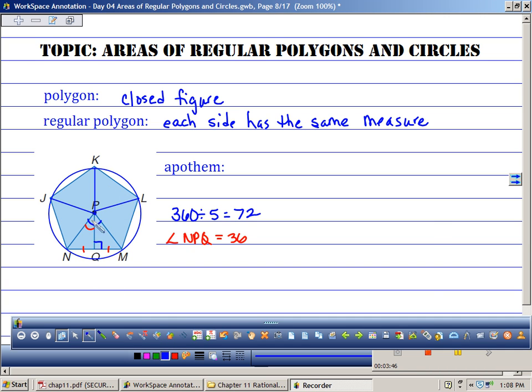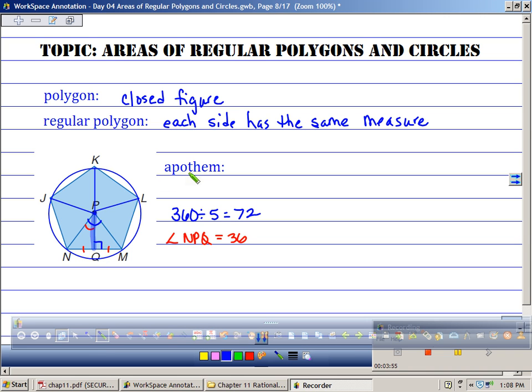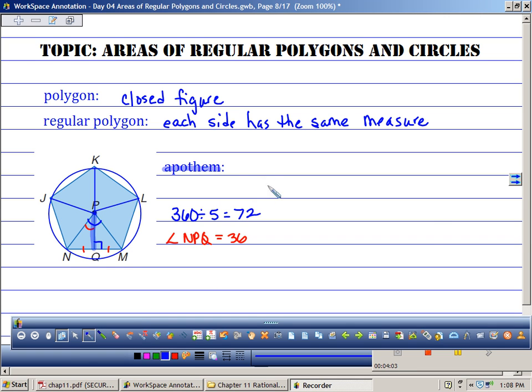Okay, so this is where it gets a little more abstract. This line right here, going from the center out to the side making a 90-degree angle, is called the apothem. And let's define the apothem.